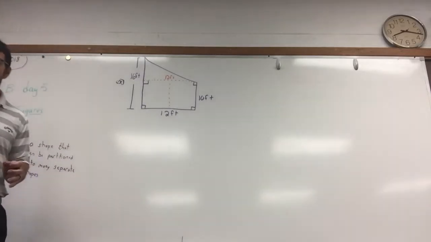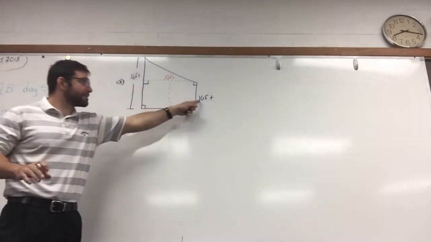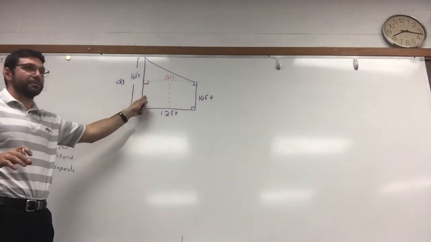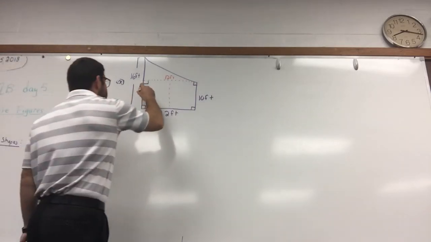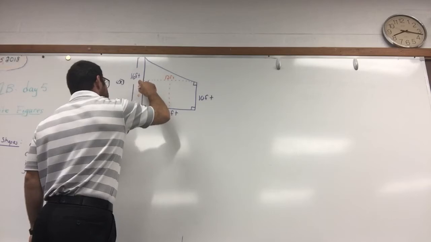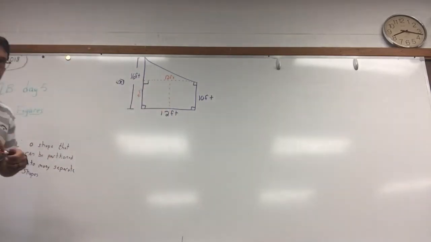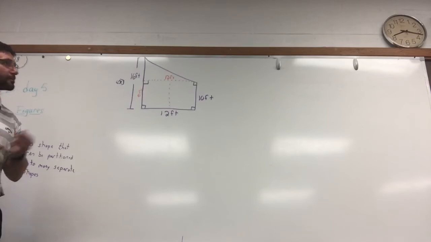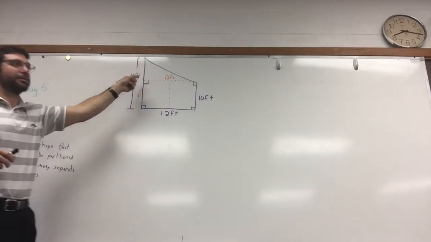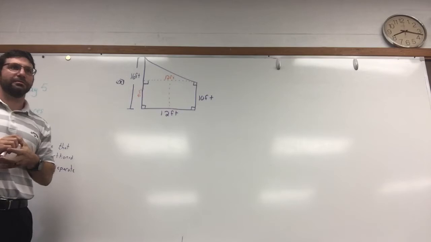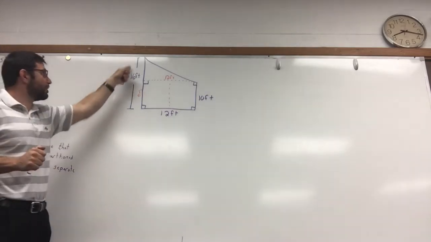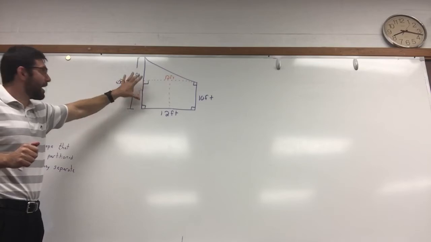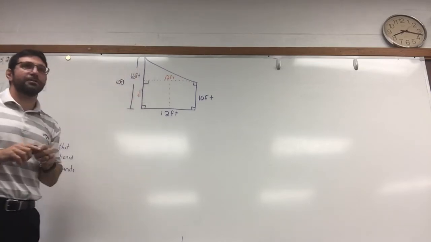Now, let's keep breaking it down. If this is 10, what does this side have to be, Avery? 10. But wait. We've still got other things we've got to find. What about this part of the triangle? Rebecca? The whole thing is 16, but this portion is 10. How can I find out what just that top part is?